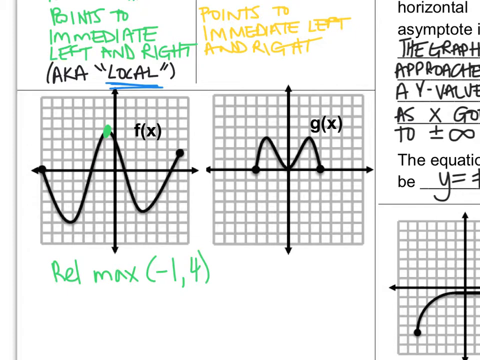I don't use the endpoints because they don't have any points to one side for me to consider it a maximum relative to those points. Then I have two relative minimums on that first graph of f(x). These aren't exactly on my low grid line, so we're just approximating.